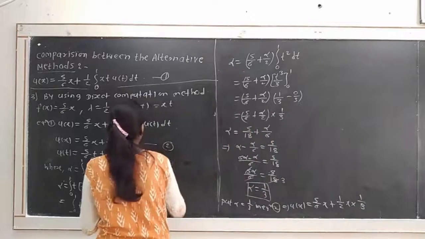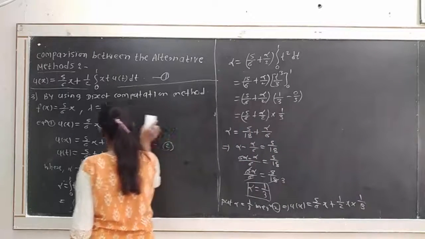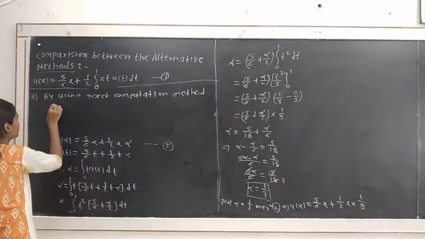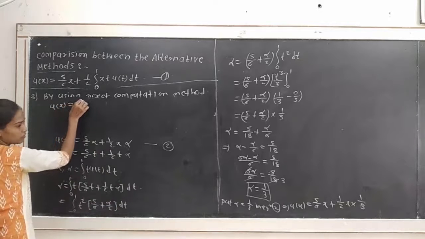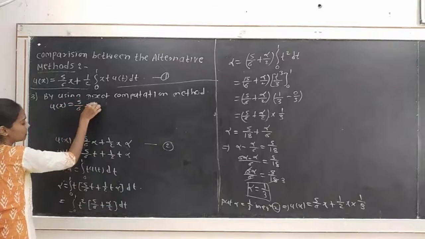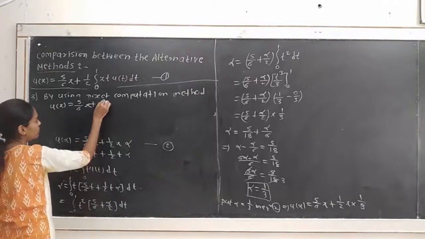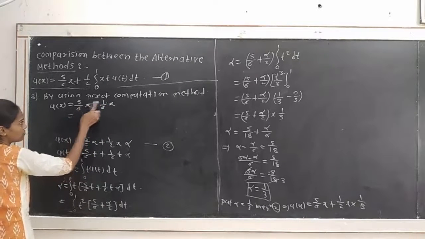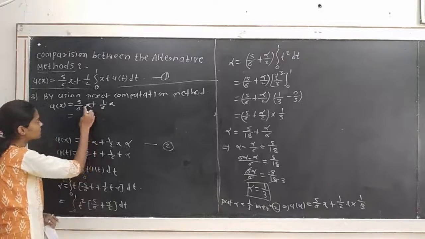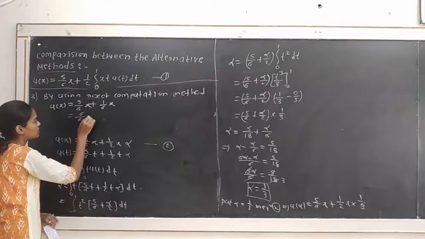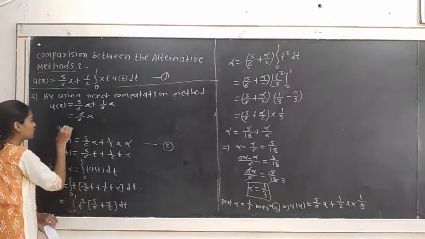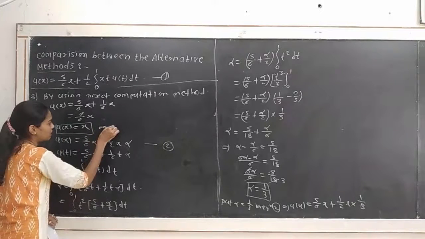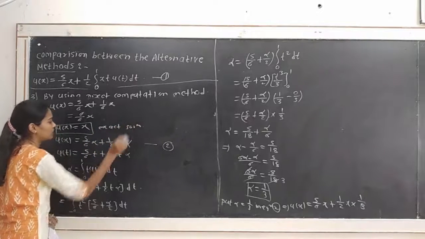Simplifying that, u of x is equal to 5 divided by 6 into x plus 1 by 2 into 1 by 3, which is 1 by 6, into x. By addition, 5 plus 1 is 6, so 6 by 6 into x, that is u of x is equal to x, which is the exact solution of the given integral equation.